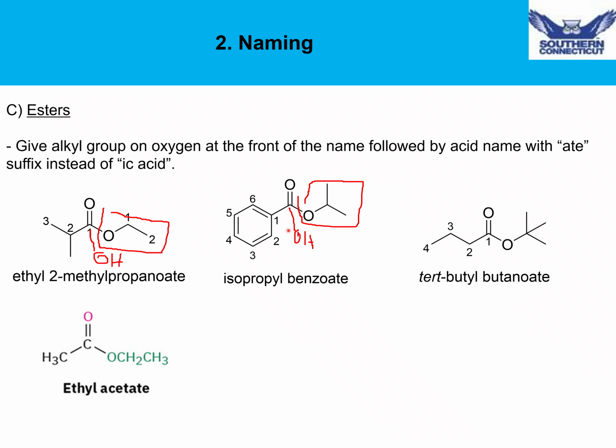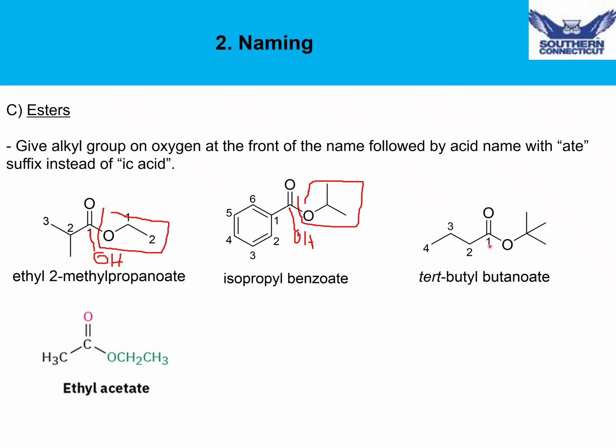So drop the ic acid ending of the carboxylic acid and replace it with ate, and you have the parent name for the ester. We also have an isopropyl group on the oxygen of the ester, so that goes in front. If there were any substituents, those substituents would go in between this isopropyl and benzoate.